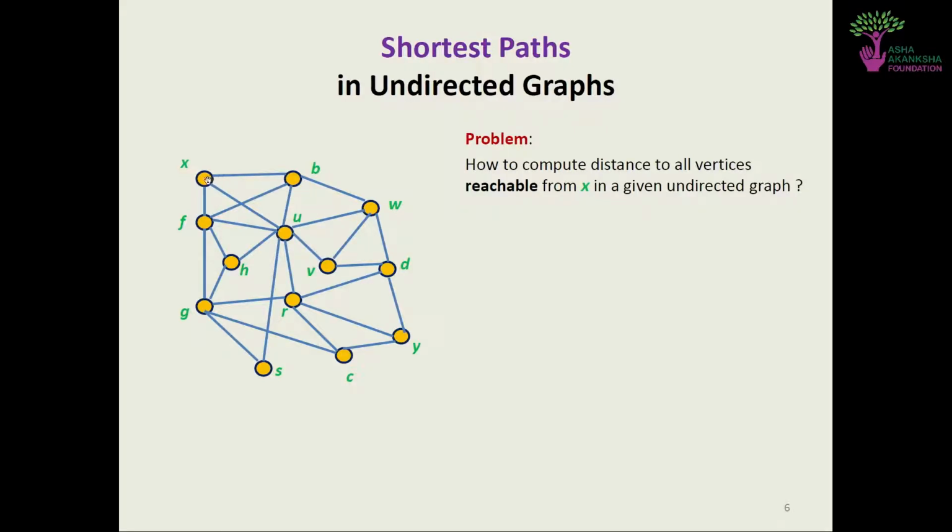The minimum distance would be 2, but you can also come to v using a different path: x to b to w to u to v. In that case the distance would be 3, which is of course not the shortest path. The shortest path would be x to u to v, which is of length 2.